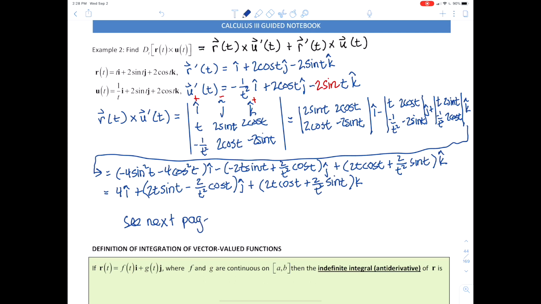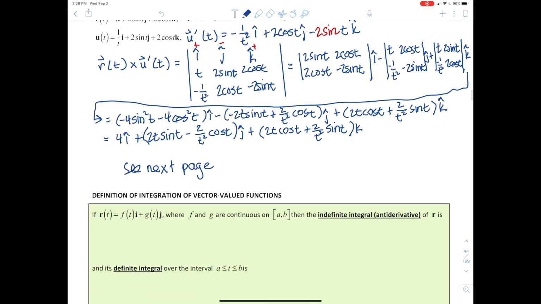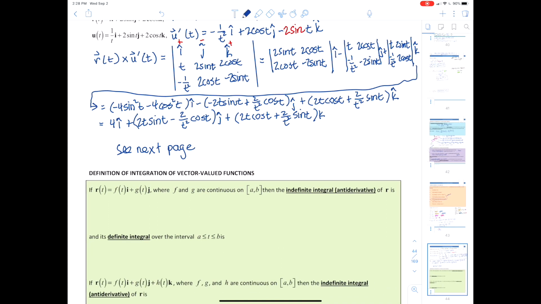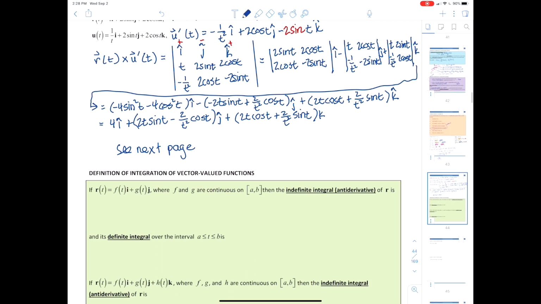We've only gotten the first part of it. So this is fun and all, but I would definitely recommend maybe finding the derivative first and then the cross product. But that's okay.